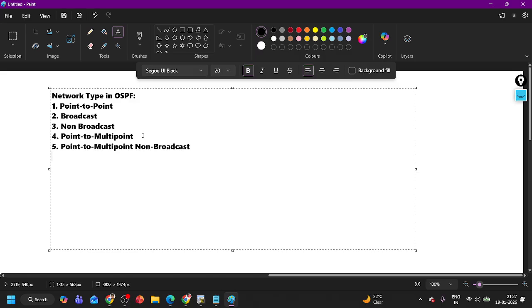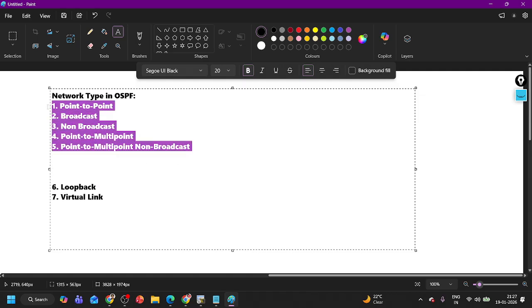Sixth type of network is loopback, for loopback interfaces. And the last type, seventh, is virtual link, for when a virtual link exists. On a virtual link, the OSPF network type is going to be virtual link only. These are the network types which we need to understand.